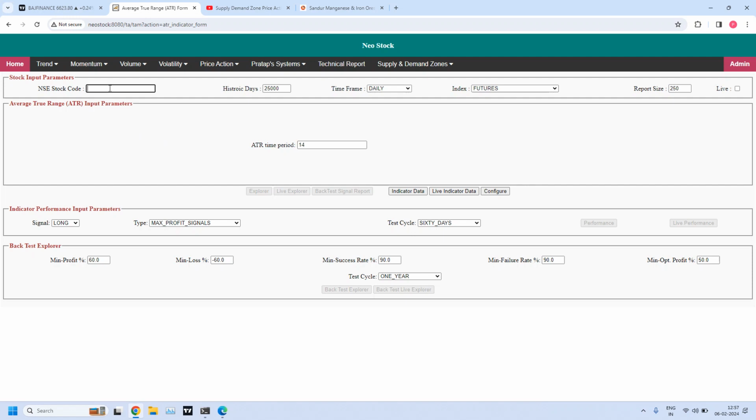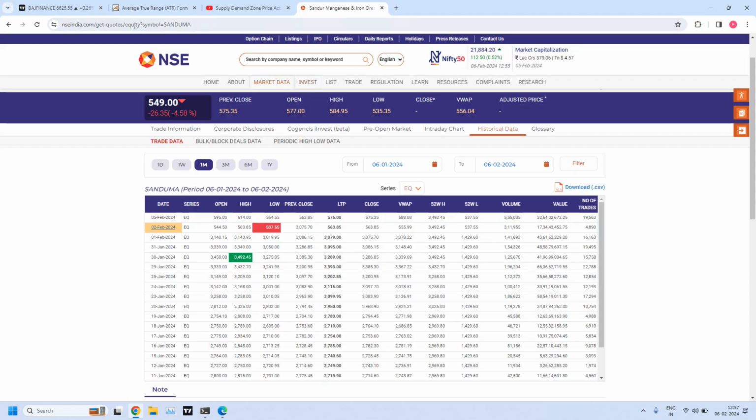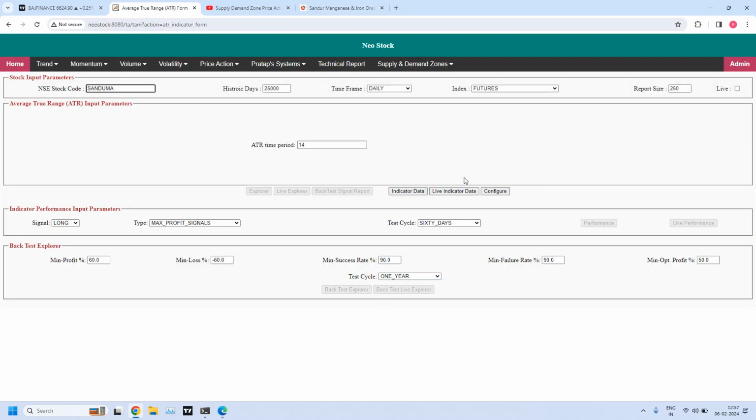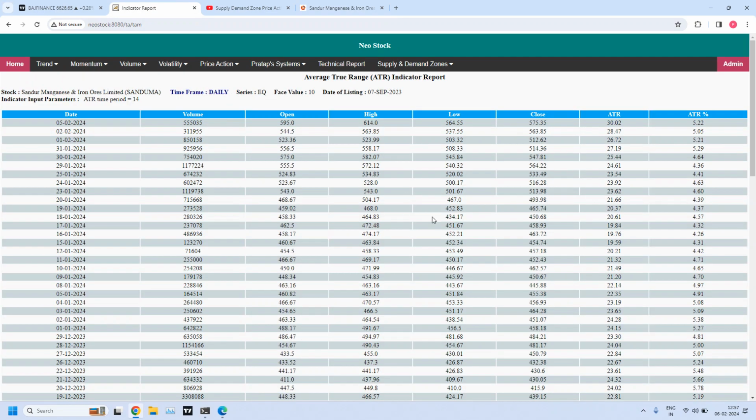So here let me enter the same stock code which we opened in NSE. And let us see, let me get this indicator data. The reason is, in every report apart from indicator data, I am also showing you the volume, open, high, low, close, everything. On 5th, what is the open price?